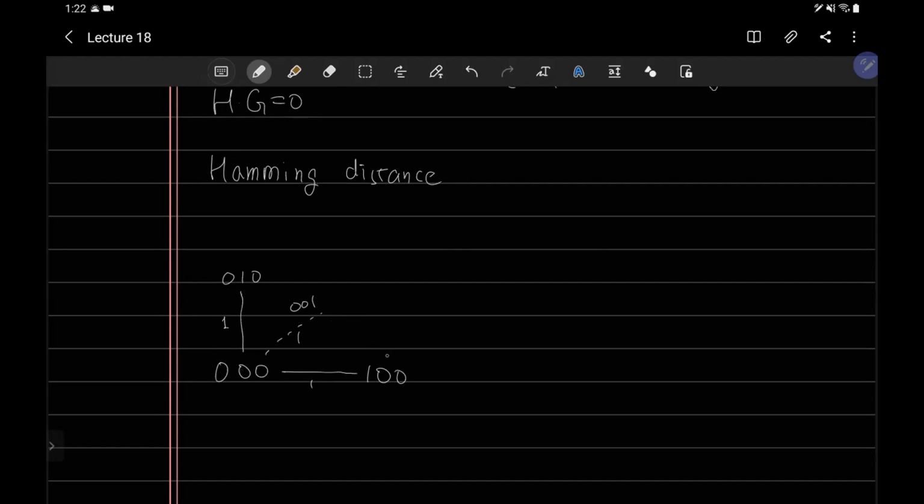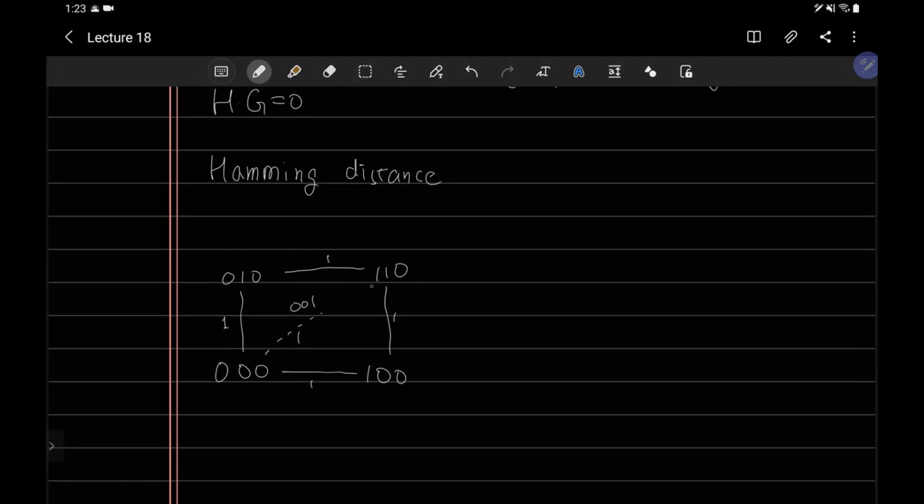For this case, I might have another, the second bit might also be flipped, in which case it will become 110, and of course this code word cannot be reached by only this path, but it can also come from this one. So in this case, from 000 to 110, the Hamming distance is actually 2, because to go from here to here, I have to go either this path or this path.